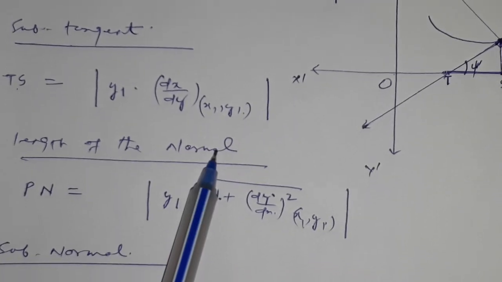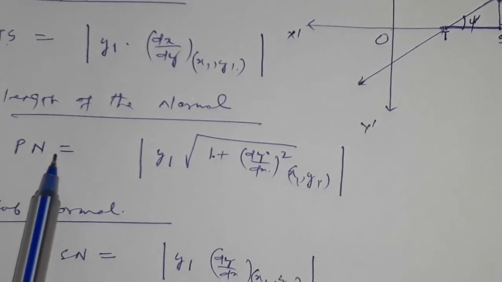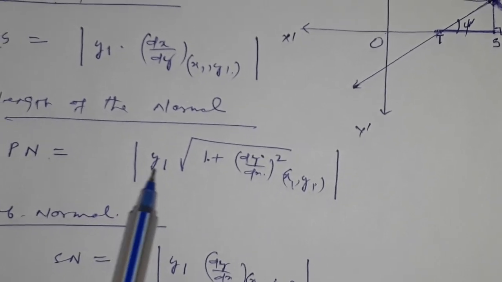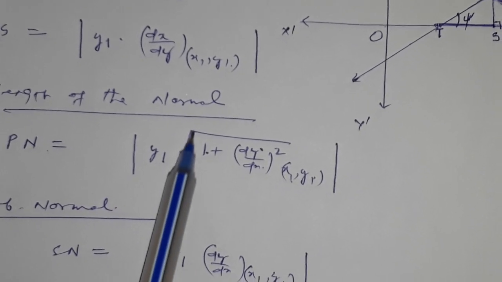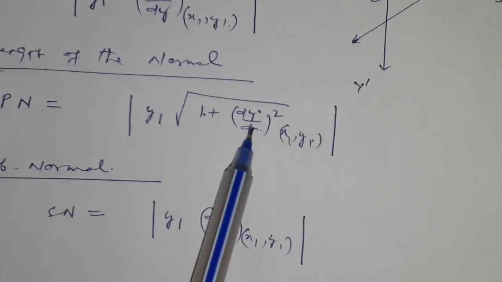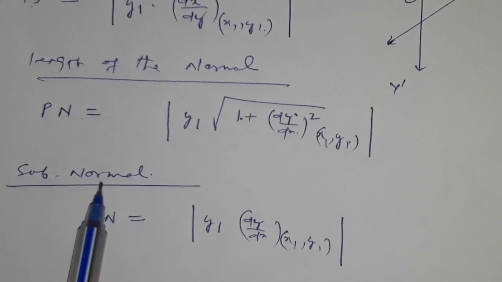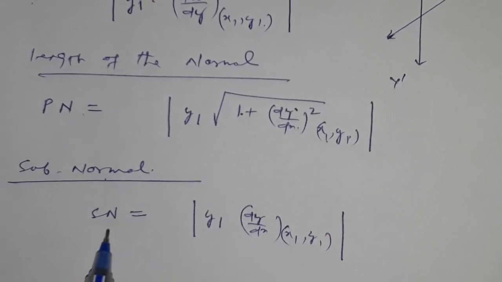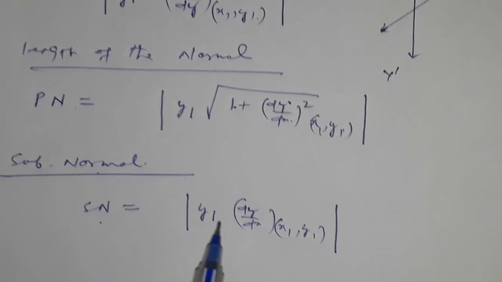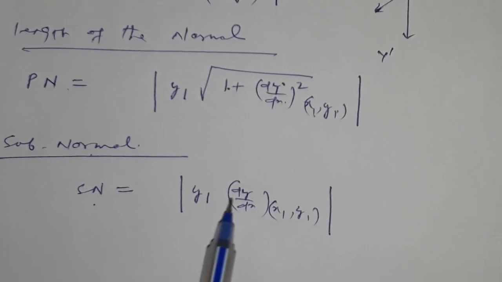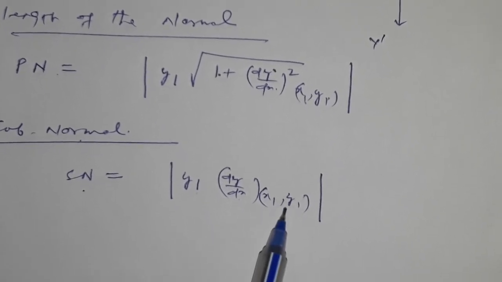Length of the normal PN equals |y1 times the square root of 1 plus (dy/dx) whole squared at (x1, y1)|. And subnormal SN equals |y1 times dy/dx at (x1, y1)|.